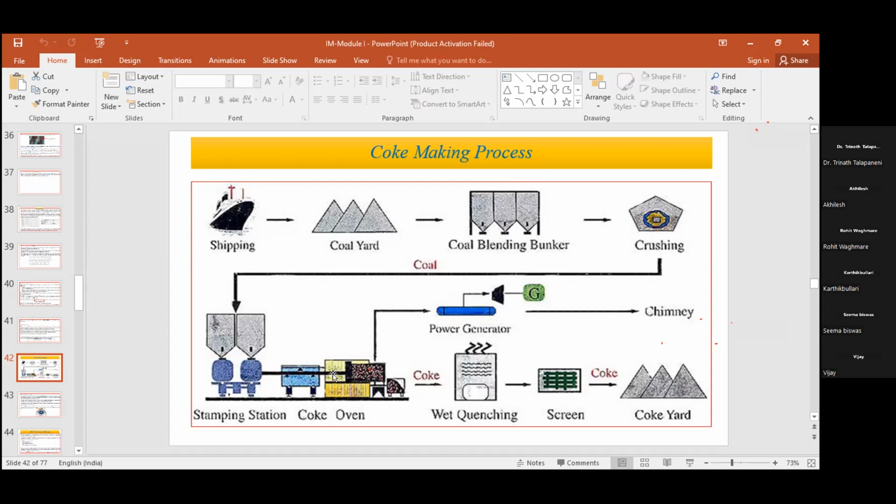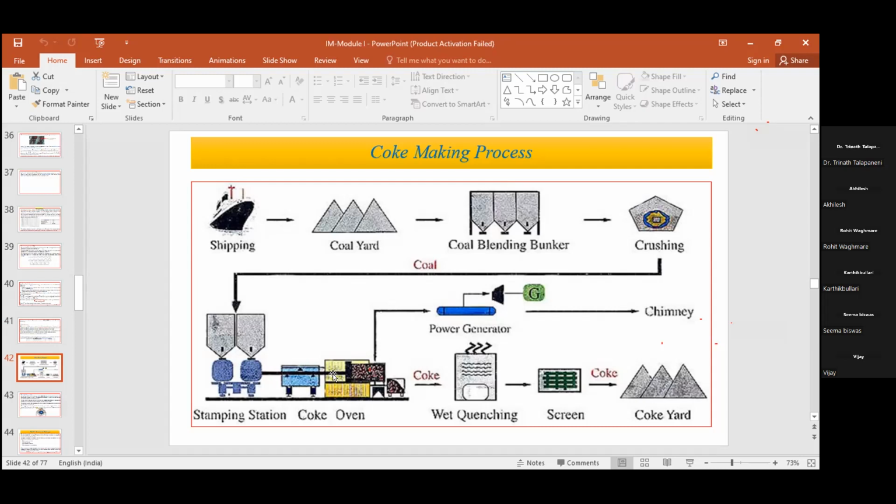But here in our plant, we do the wet cooling using water as a medium, and we quench it not only under the quenching covers, but also after that we do manual sprinkling of water, and then we allow it to cool down to room temperature, and then the cooled coke comes through the conveyor belt.